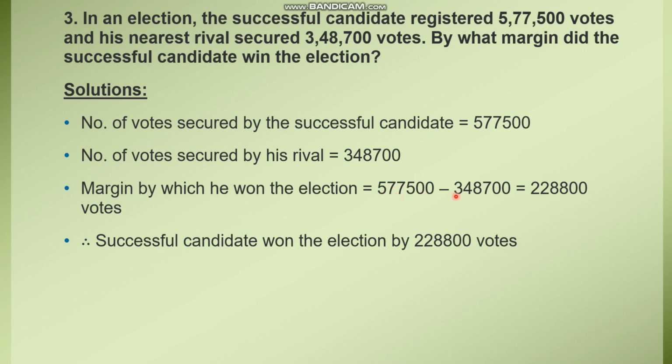Then the margin by which he won the election is equal to 5,77,500 minus 3,48,700. After subtracting this, you will get the answer 2,28,800.